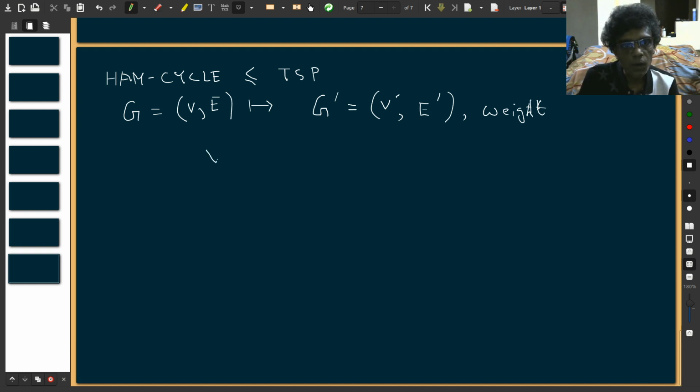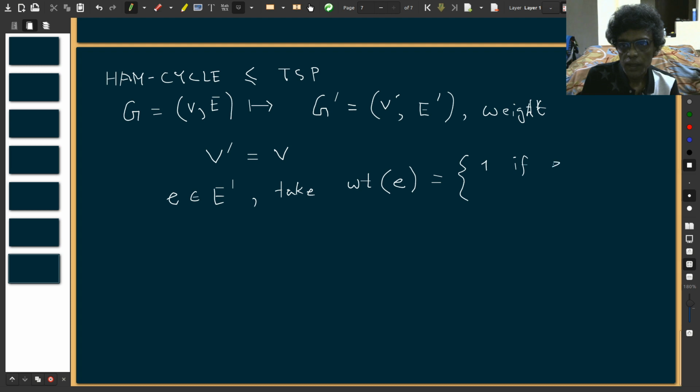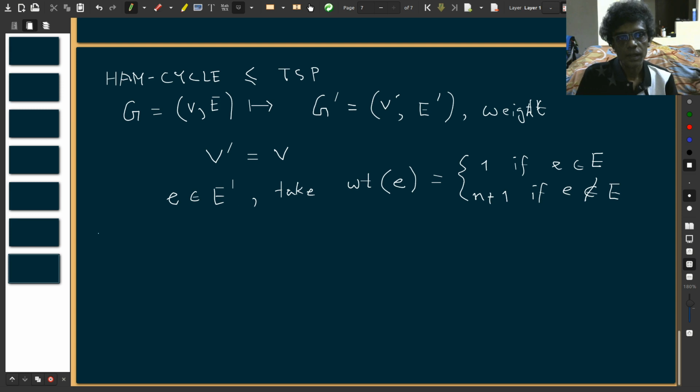So we take V prime equal to V, and for an edge E in E prime, take the weight of E, that is the cost of the travel, equal to 1 if E belongs to E, and n plus 1 if E does not belong to E. I also have to take some cost C. Take C equal to n.